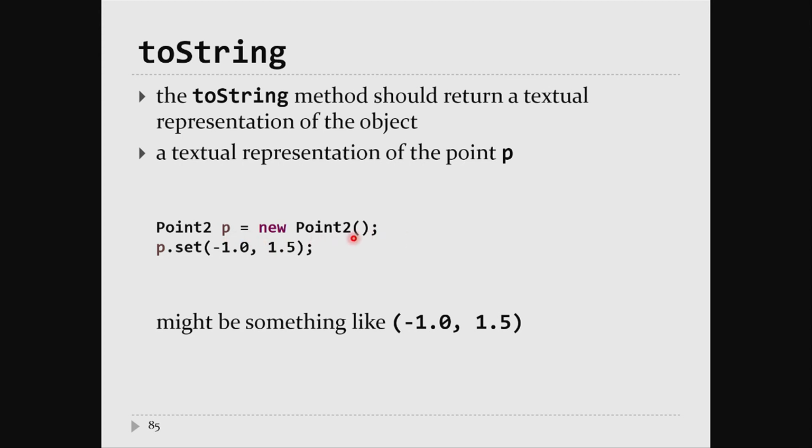So if I have a point2 object P, and I set its coordinates to -1, 1.5, I might want its string representation to look something like that: round brackets, -1, comma, space, 1.5. I want something that's nice and readable to a person, and it looks like a point.